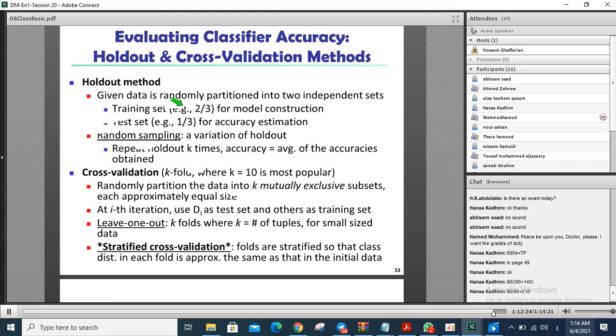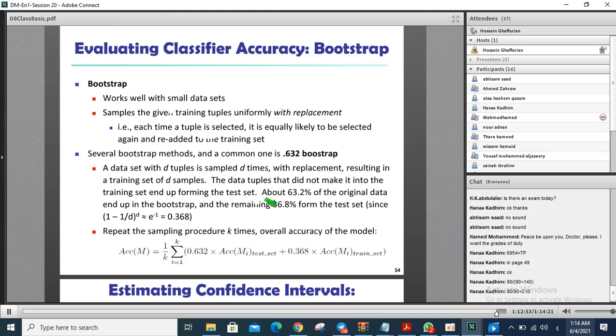If I look at these values, they are near the holdout values. I said that in the holdout method, mostly we select 66% of records or tuples as the training set, and 34% of tuples are recorded as the test set.